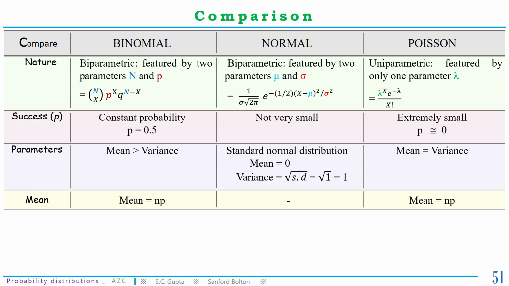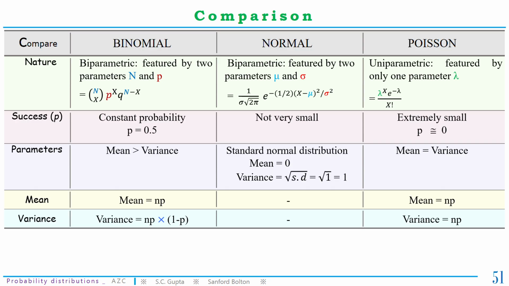In binomial and Poisson distributions, mean is given as NP. In binomial distribution, variance is equal to NP into 1 minus P, while in Poisson distribution, variance is equal to NP.